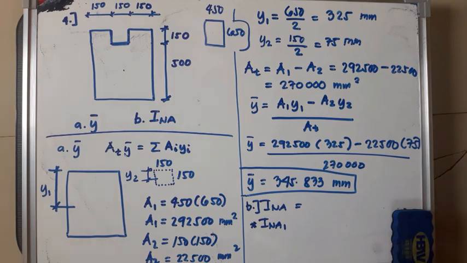For I and A1, we're going to use the transfer formula, since the neutral axis does not coincide with the centroid of area 1.